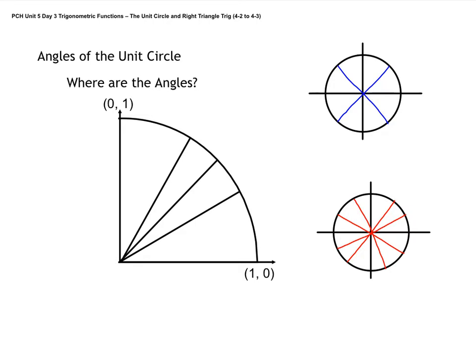So let's start out with the angles, okay? The angles in the unit circle come from dividing the circle 2 different ways. Okay? We already said that we have 0, 90, 180, and 270. Okay? So that's the beginning.